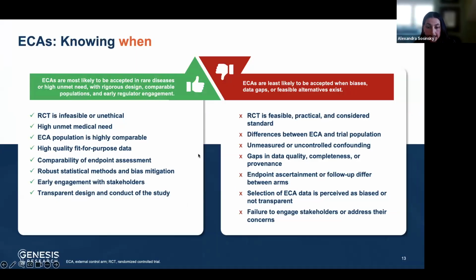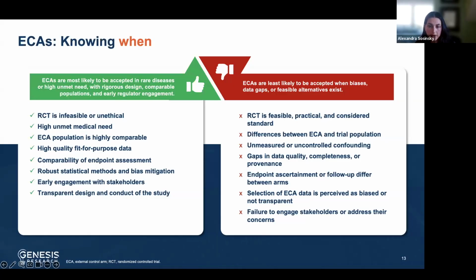So ECAs have the strongest chance of being accepted in cases of rare diseases or high unmet need where traditional RCTs are infeasible or unethical. Acceptance is higher with high quality, fit for purpose data, a well-matched external control population, comparable endpoints, and a robust design and statistical methods.